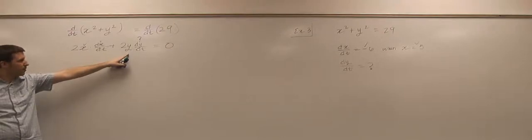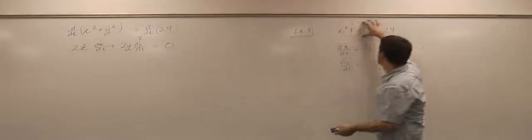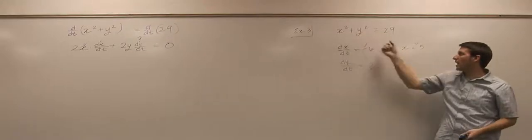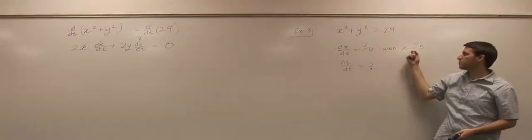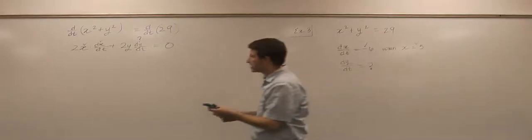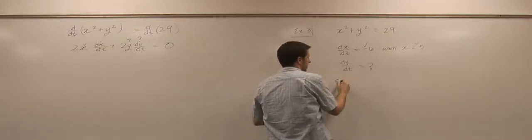So how do I figure out what y is? Plug in 5 for x, where? In the original equation. Right, this original equation relates x to y, and I'm only concerned about what happens when x equals 5. So because I need this extra variable y, when x is 5, I'll solve for it over here.